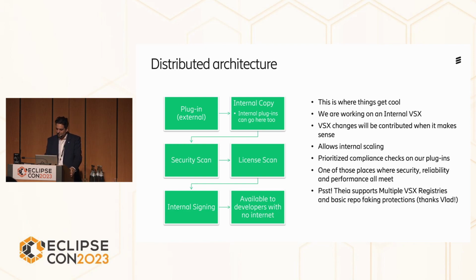And then we do some scans for security, licensing, signing, this standard stuff. And because we're doing it for an internal marketplace, we can actually get some information on who wants what, and we know where we need to put the lion's share of our effort. That's a very interesting thing. And if we know that, we can also prioritize making sure those plugins stay available longer. So in terms of reliability, that's great.